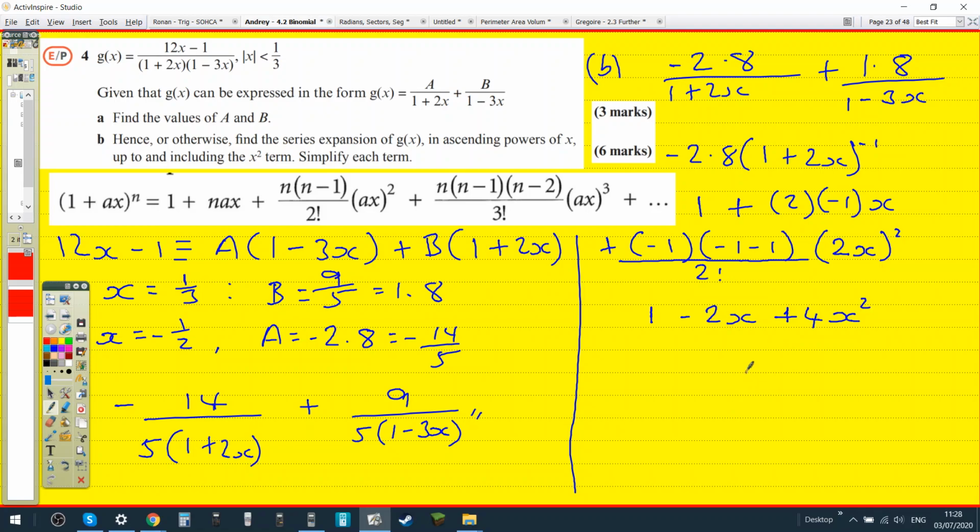Yep. And then I need to times that by minus 2.8.